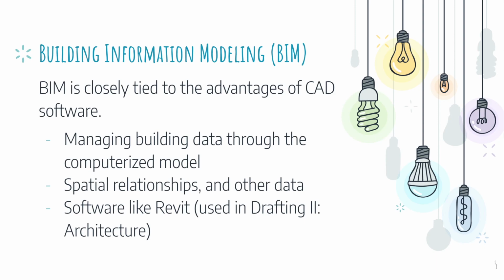So more than just creating the drawings of the building, it can also track data such as lighting schedules, material cost, volumes of rooms, and then we can even get other data out of that, and we can do energy analysis on a building within BIM software.